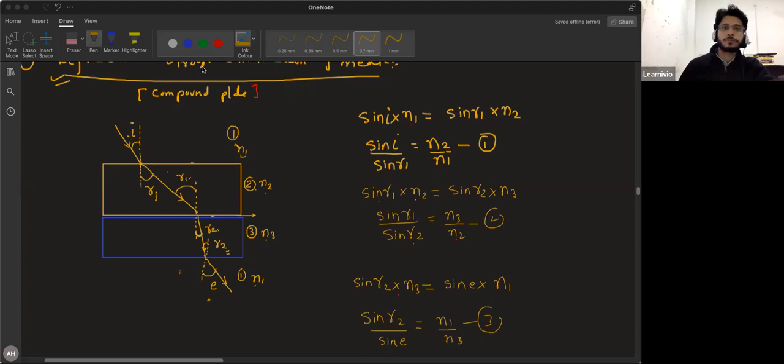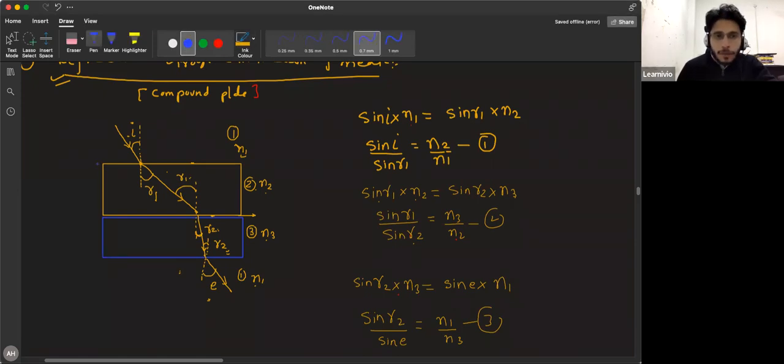And if surface 1 is parallel to the last surface, if these two surfaces are parallel, then you can say this incident ray and this emergent ray will also be parallel. If this face is parallel to this face, then only the incident and emergent rays will be parallel. If they are not parallel, then I and E may be equal, but the incident and emergent rays will not be parallel.